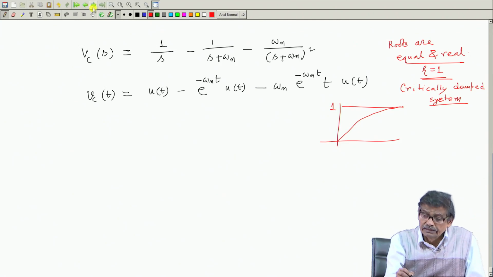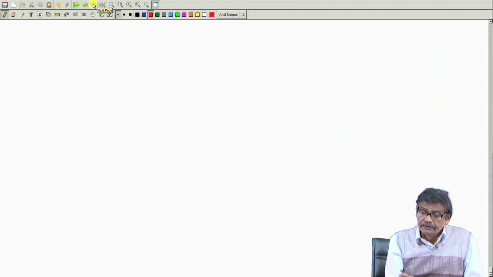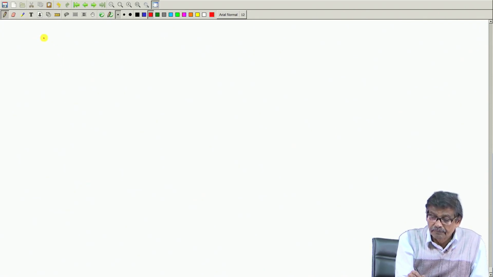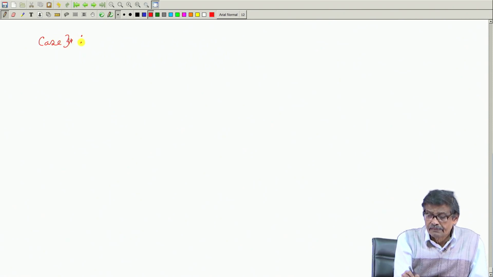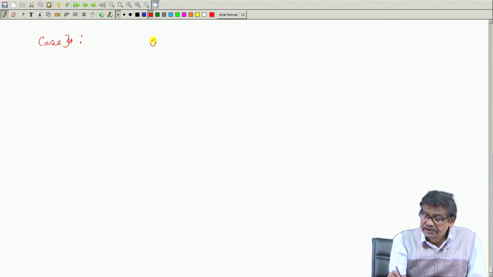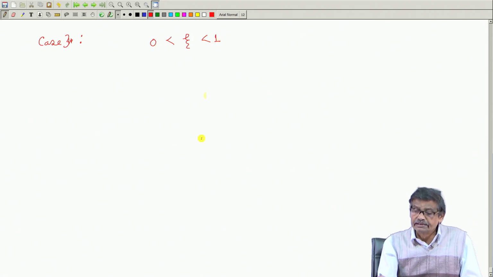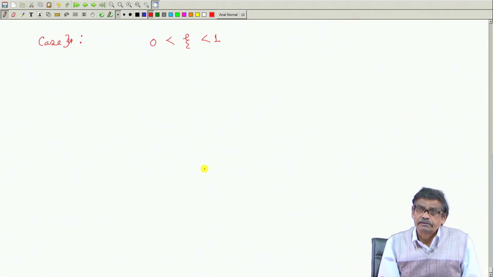Now, the last case, that is case 3. When zeta is present, but its value is neither equal to 0 nor equal to 1, but in between, that is, zeta is a number less than 1.